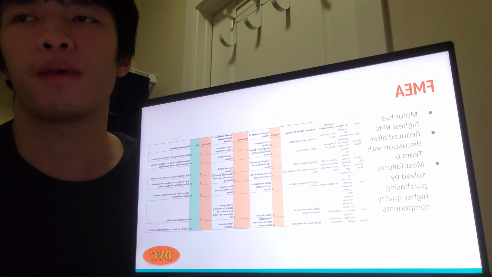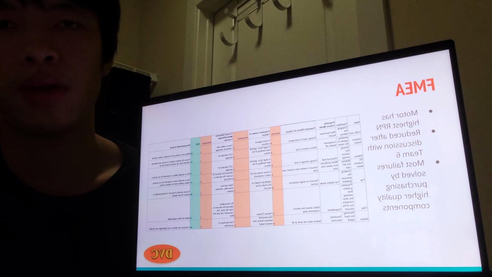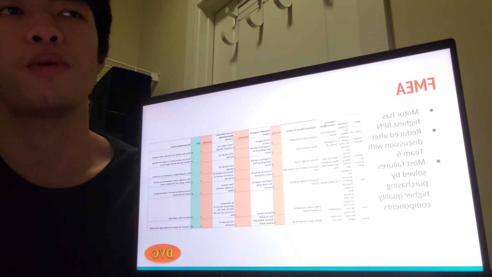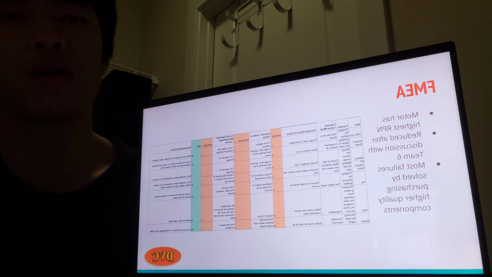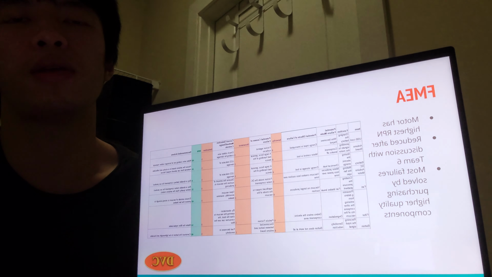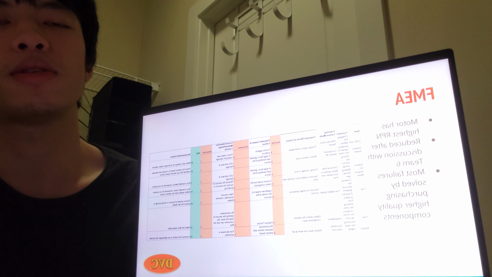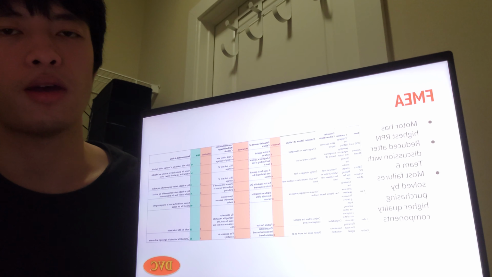We also discuss this with team 6. We find that most problems can be solved by purchasing higher quality components, but this is another problem. If we buy higher quality components, the variable cost will be much higher.